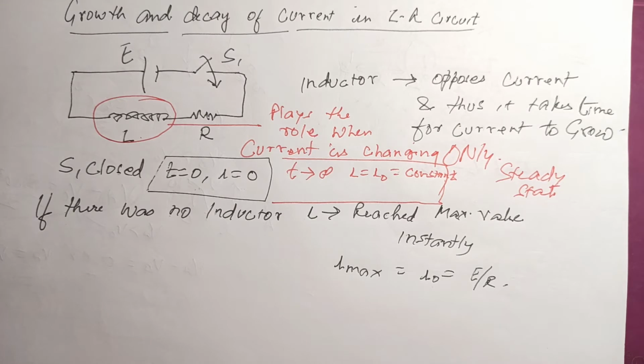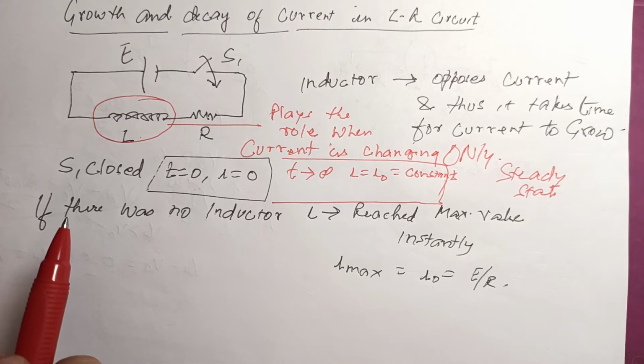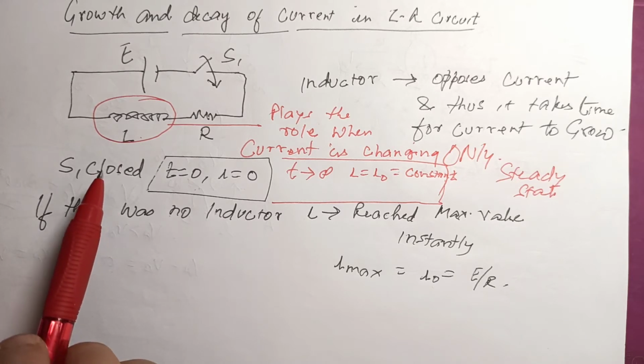Okay, now when the current is at steady state, constant, then it plays no role. That is number one, which I have written. Number two, inductor is something like this. It will always oppose the change, and we already discussed this. Let me tell you again.